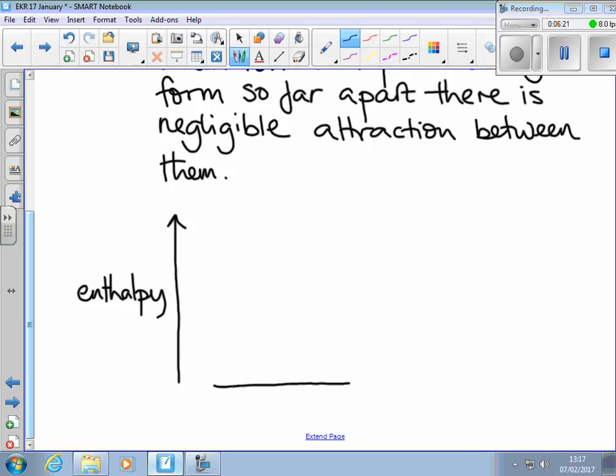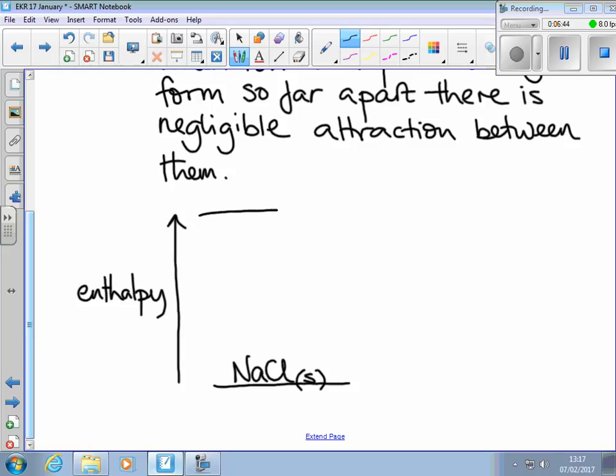The most stable state for sodium chloride is not as gaseous ions separated far apart, is it? If you think about it, it's as a solid. That is a nice stable arrangement of particles. So our lowest energy form of sodium chloride is down here. So this is our solid.